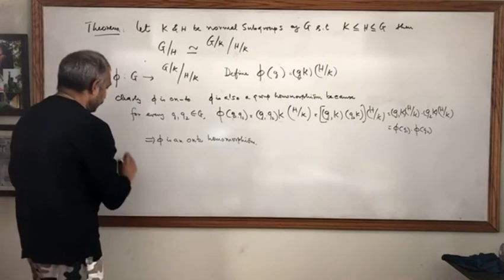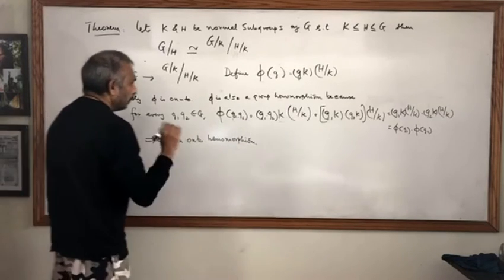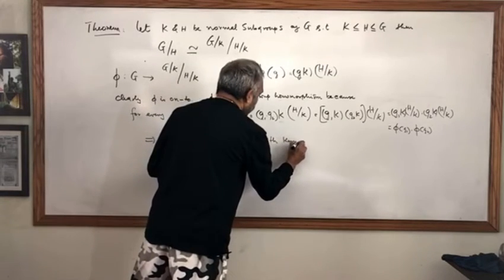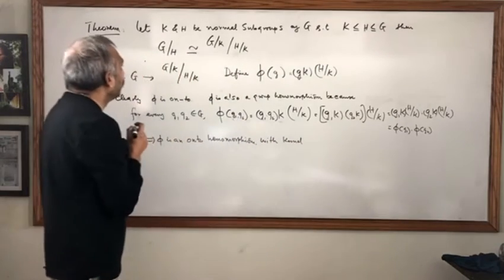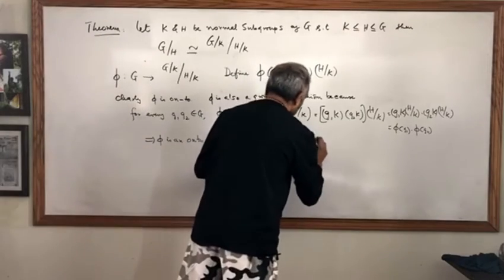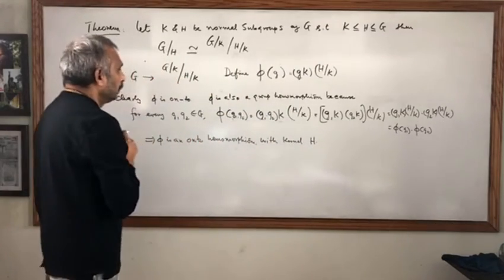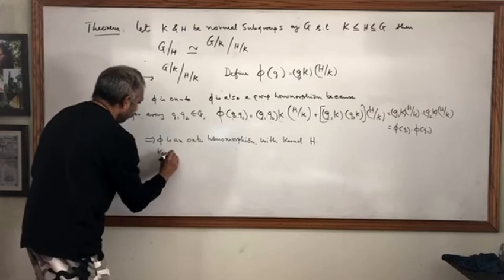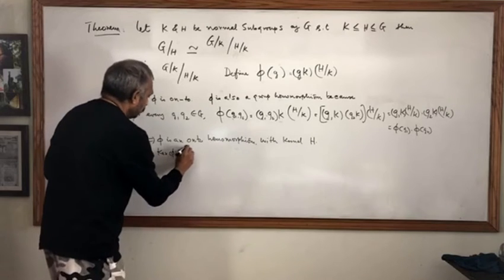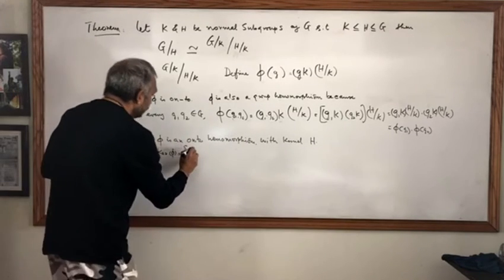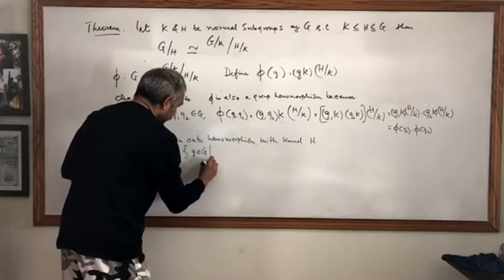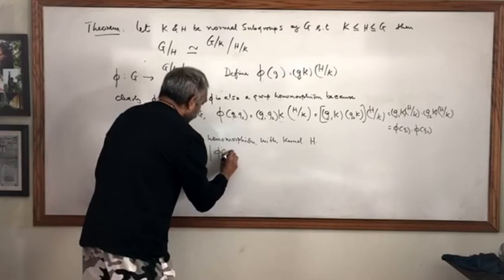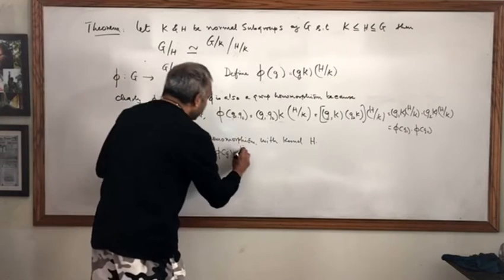So from the first theorem, we have a homomorphism with the kernel H. Why is it H? What is the kernel of phi? Kernel of phi is equal to the set of g belonging to G such that phi of g is equal to H over K, which is the identity of this group.